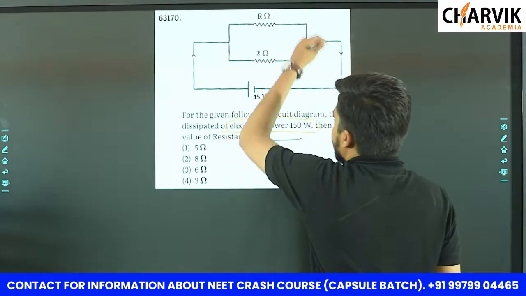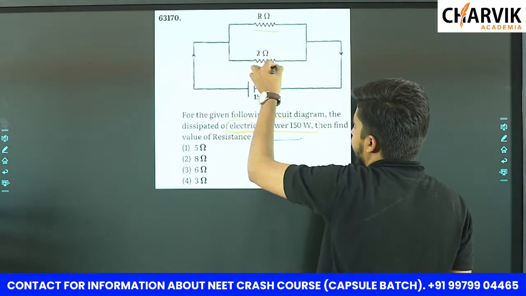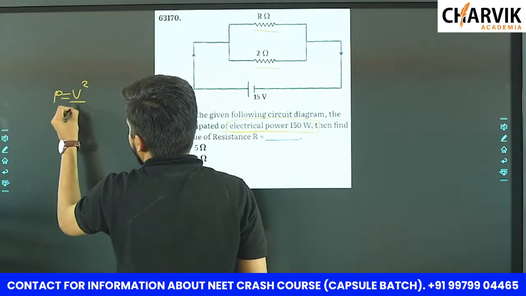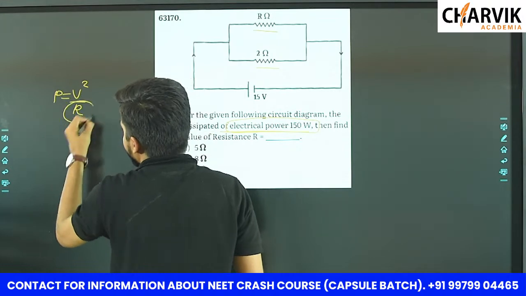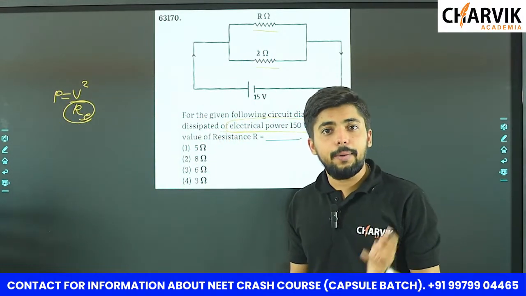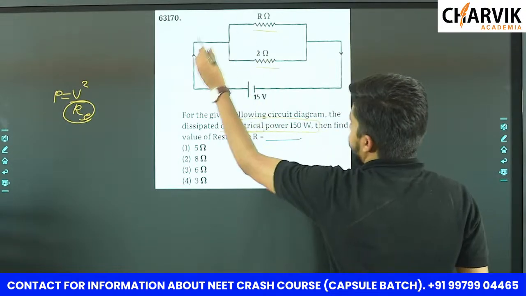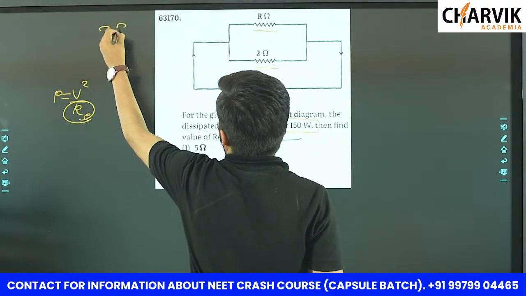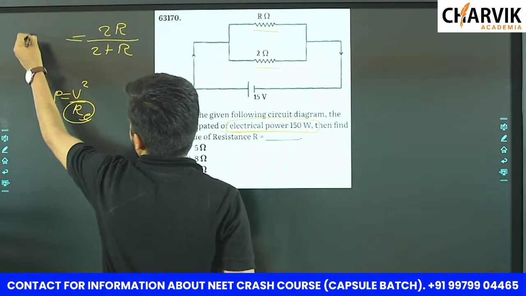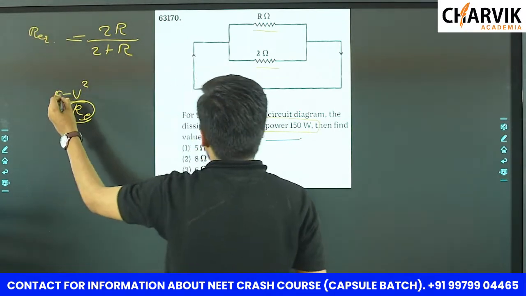So for this circuit, we have the formula P is equal to V square divided by R. But what will be the R equivalent of this circuit? Because both the resistors are connected in parallel, you can say multiplication of both, which is 2R, divided by addition of both, which is 2 plus R, which is equal to the R equivalent. Place the value. What is the power?